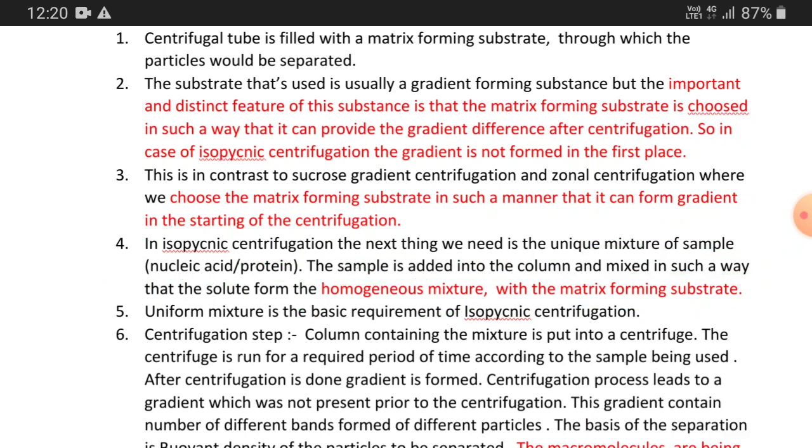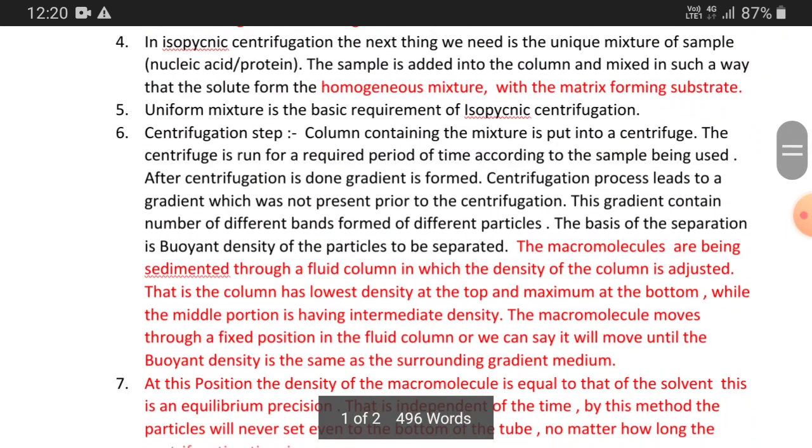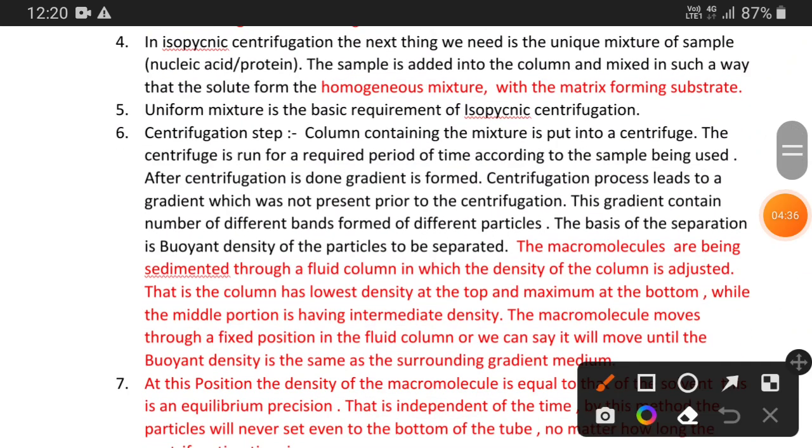Then after the formation of the homogeneous mixture, we will load it in a centrifugation machine, known as a centrifuge. The centrifuge will spin for a certain period of time, where the molecules will move about an axis, resulting in the centrifugal force that we have discussed, on the basis of which centrifugation is done.